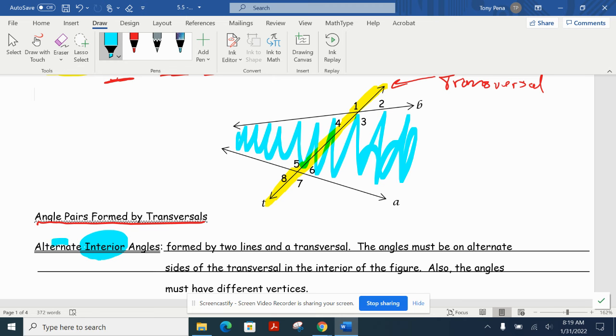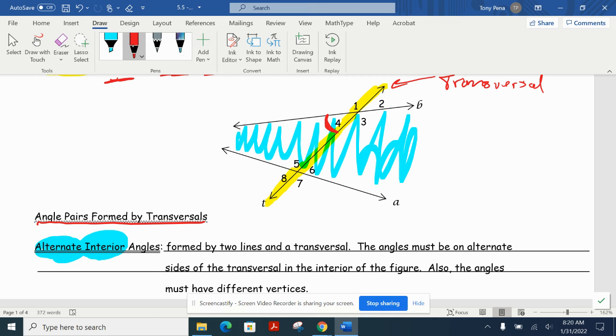But you're also going to see where it says alternate. It needs to be on alternate sides of the transversal. So if the yellow part is your transversal and we need to be inside, the alternate interior angles would be angle 4 and angle what?